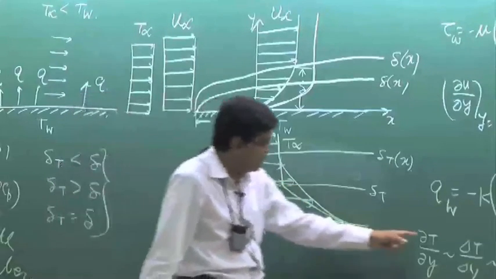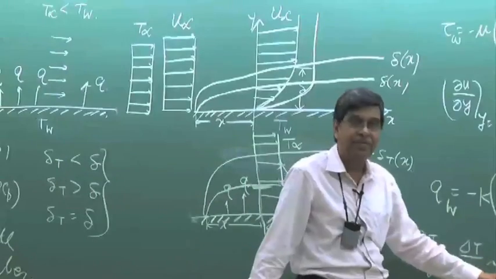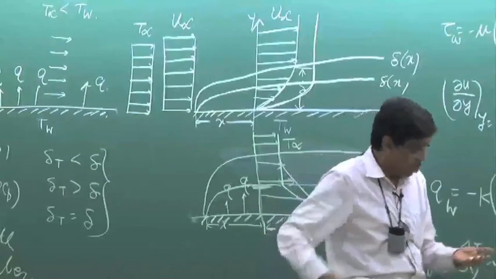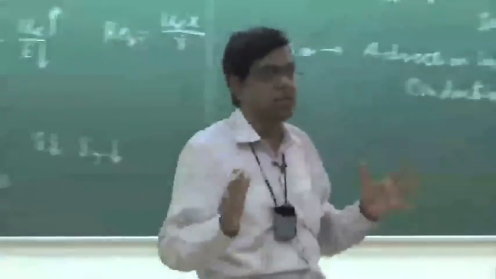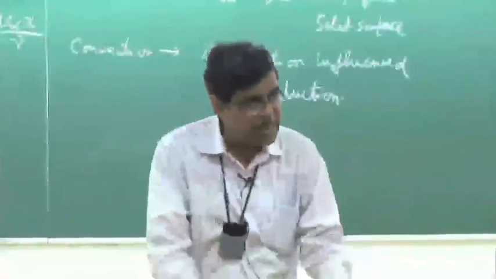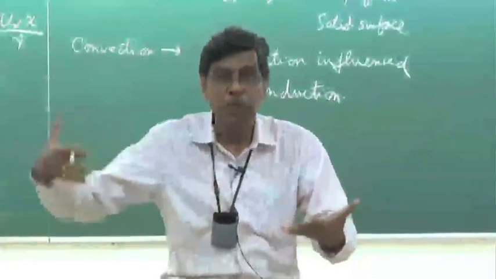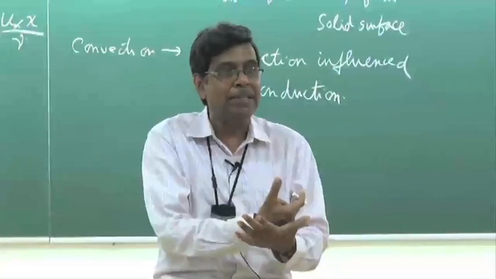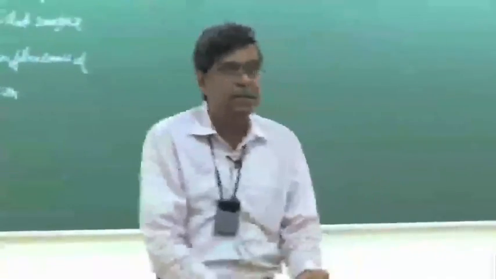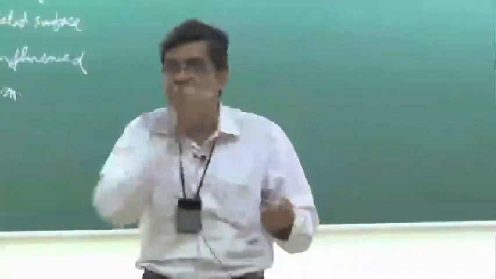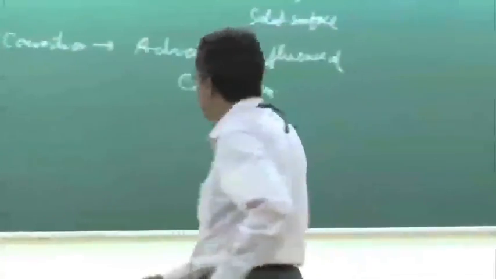Del T del y is more in the second case, as it is found mathematically. This is the basic mechanism of convection heat transfer: it is basically conduction at the surface which is affected by the advection. That means heat is being pumped from the solid surface by conduction, and this pumping by conduction is influenced by the advection of the mainstream.